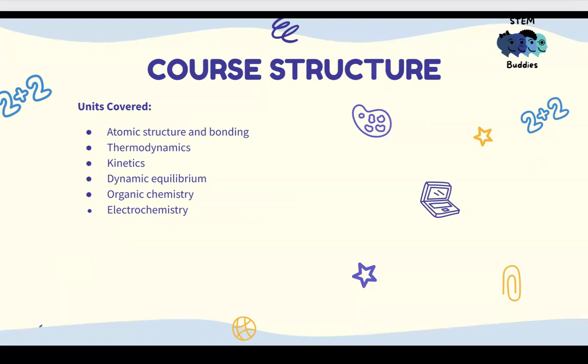And then thermodynamics, which is calorimetry, entropy, enthalpy, kinetics, which is reaction rates and rate laws, dynamic equilibrium. This includes acid-base equilibrium, titrations, stuff like that. And then finally, organic chemistry and electrochemistry, which are often skipped by some teachers and they're not as emphasized as the other units.